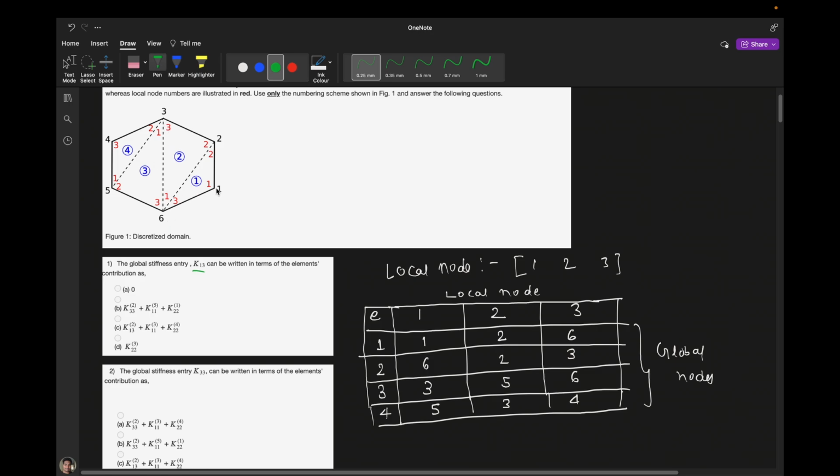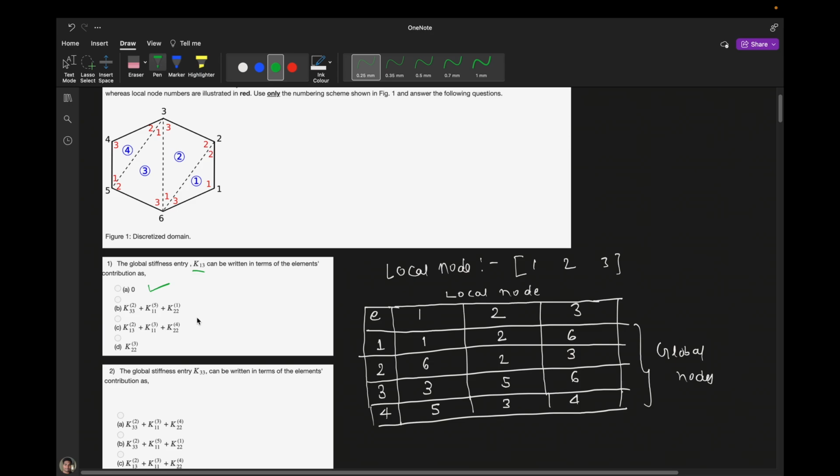That is, one node is 1 and another node is 3, and we can see that there is no connecting element which relates 1 and 3. So in this case we can directly mark that there is no such entry in the global stiffness matrix, so we need to write 0.